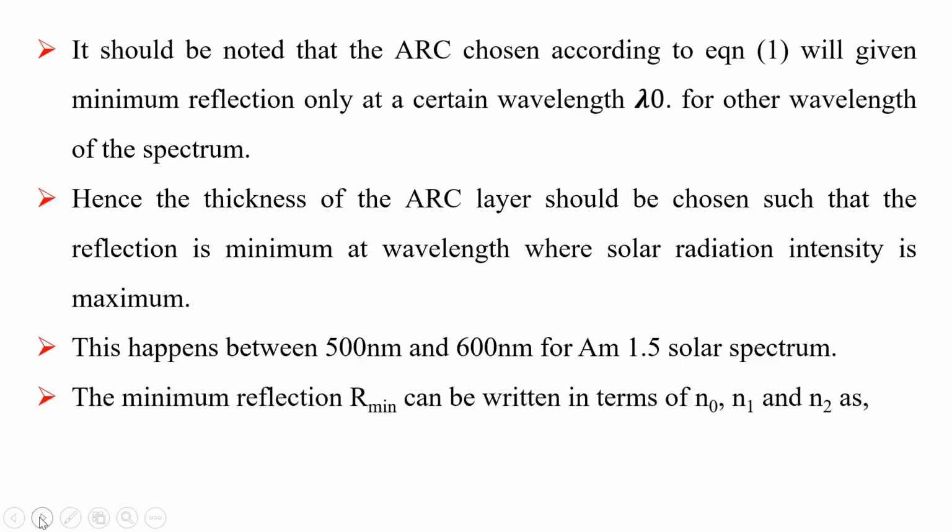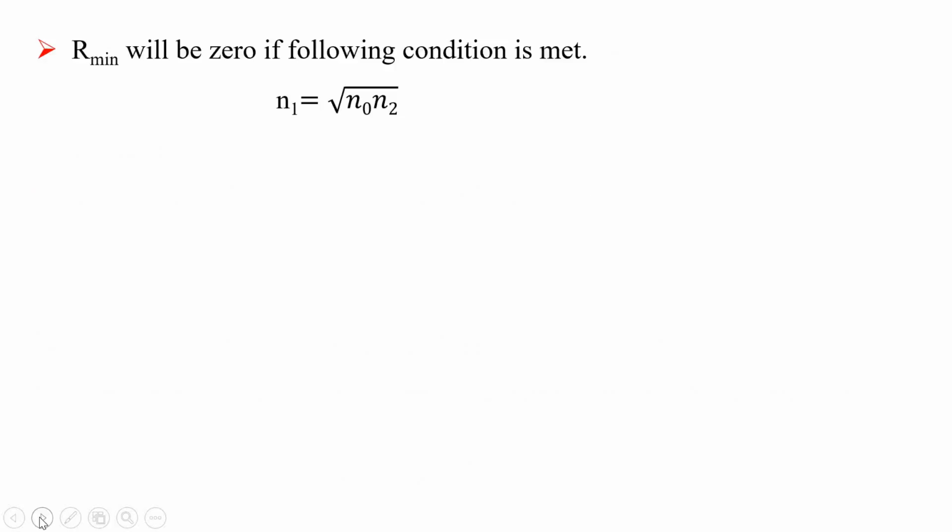The minimum reflection R min can be written in terms of n0, n1 and n2 as R min = ((n1 squared minus n0 n2) / (n1 squared plus n0 n2)) squared. R min will be 0 if the following condition is met: n1 = square root of n0 n2.